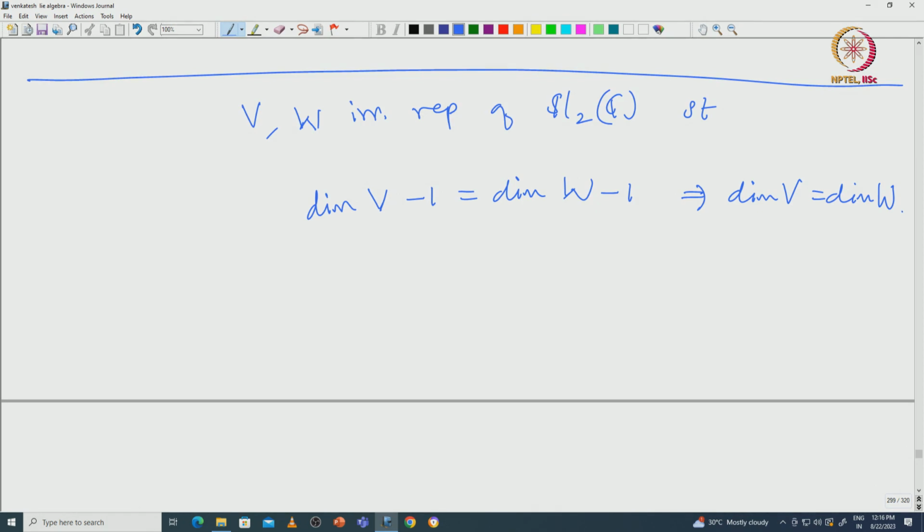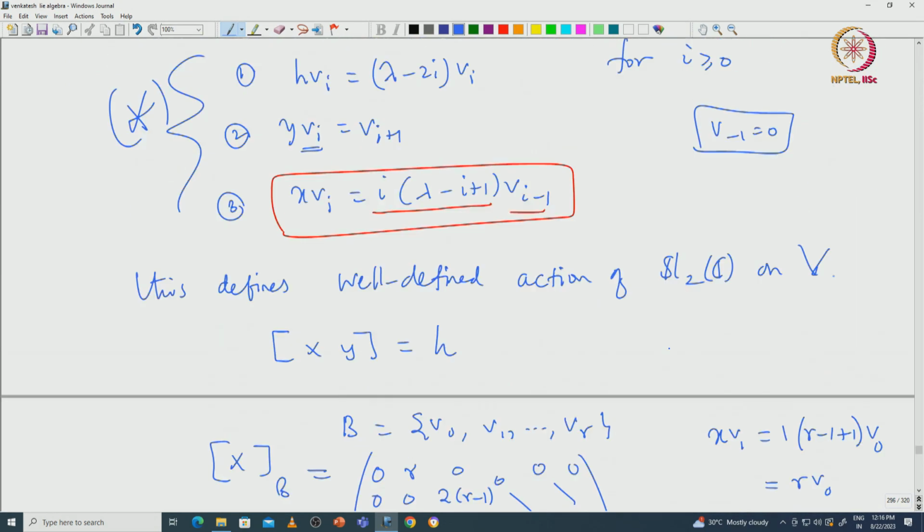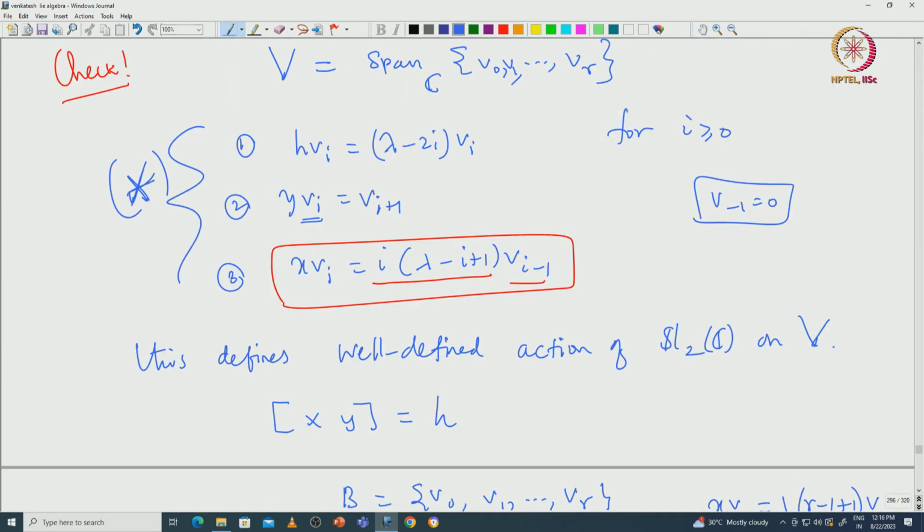Now, we know that there exists a basis for this capital V given by V naught, V 1 etcetera V r. Similarly, there exists a basis for this W which is also given by W naught, W 1 etcetera W r, where the action of H, X, Y are all given in this formula, okay, this star.